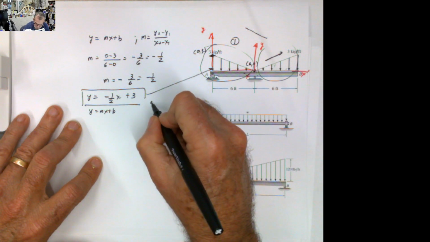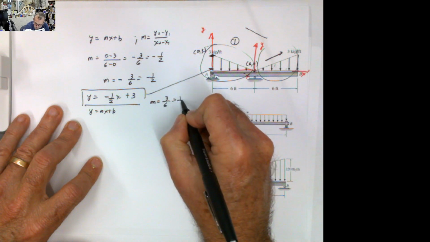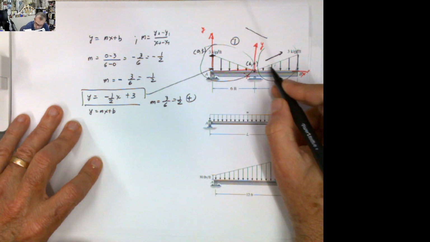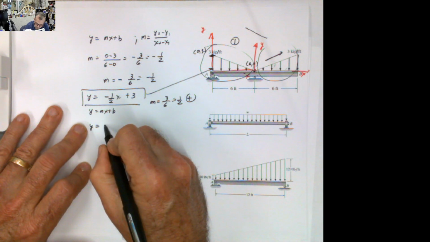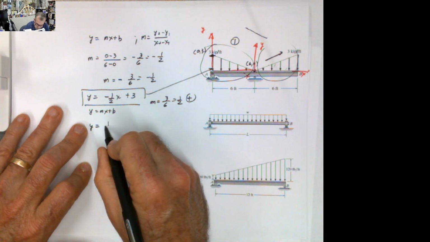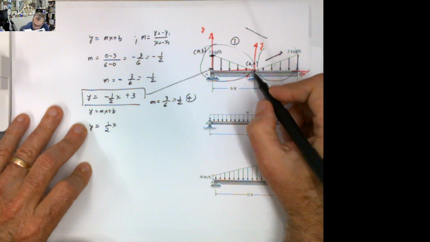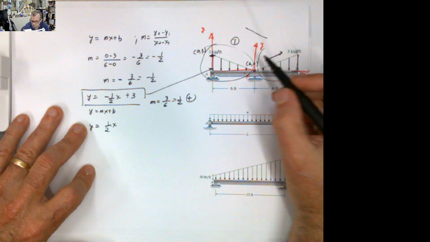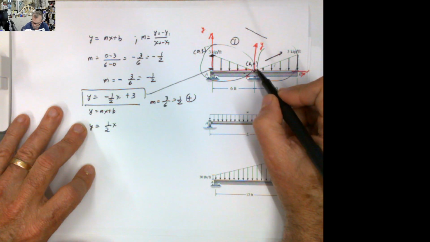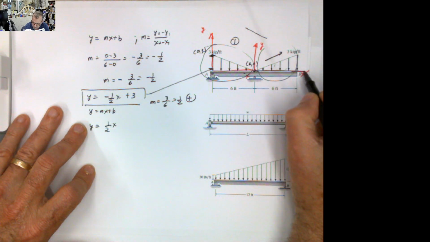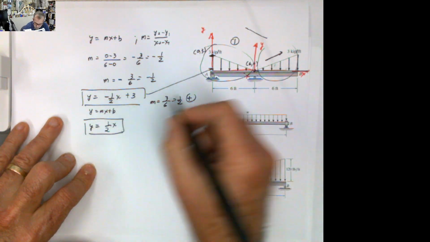So your slope is 3 over 6, which is 1/2, but it's positive because it's going that way. The equation will be y equals 1/2 x plus the y-intercept. Remember, the y-intercept is the point where the line intersects the y-axis. In this case, it is 0 because it's exactly over the x-axis. So that will be the equation of this one.